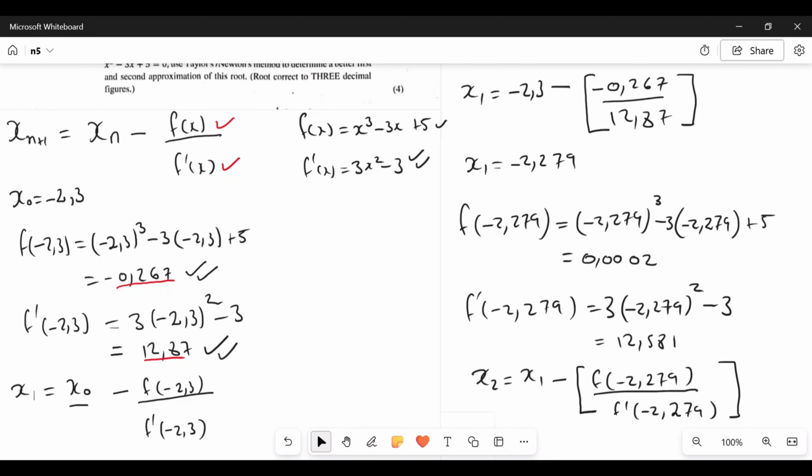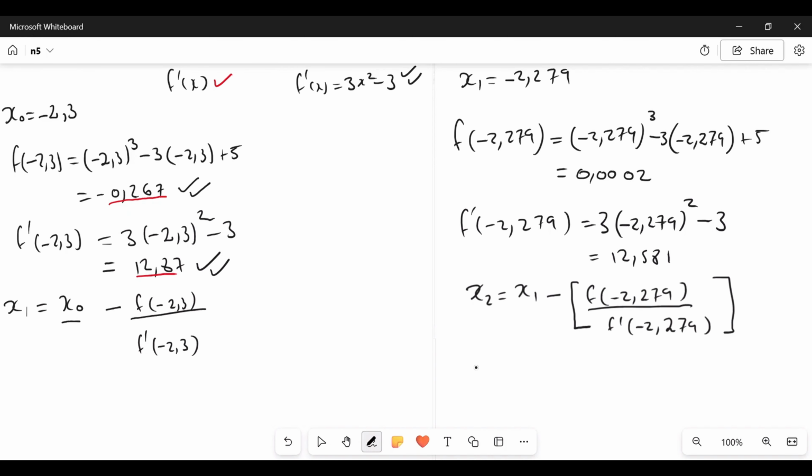Now it's time for us to do some substitution. Before we do that, let's create some space. All right, so let's do it. So x2 is equal to x1. Remember, x1 is this one that we calculated earlier, guys. So don't forget that.